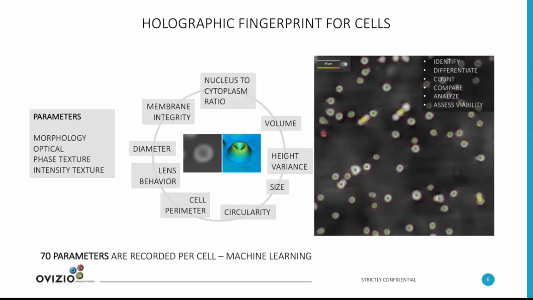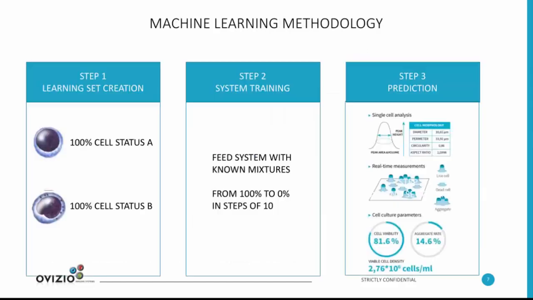All those parameters are then analyzed with our machine learning algorithms. So machine learning, for those who are, I would say, unfamiliar with the process, is a methodology to create new algorithms without or with very little human interference. So if we want to create a new algorithm, we start with the creation of what we call a learning step.